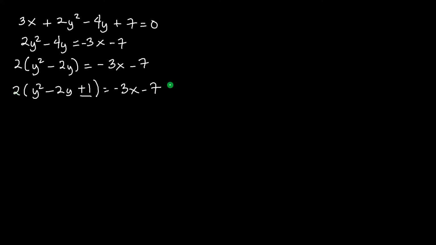Okay, so again, if we are going to simplify the equation, we will go back to the general form of the equation just to check. So 2, the quantity of y squared minus 2y plus 1 equals negative 3x minus 5.